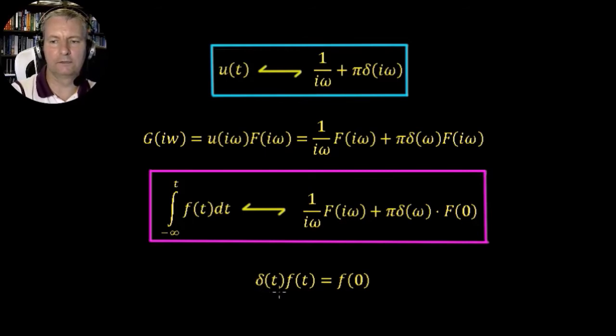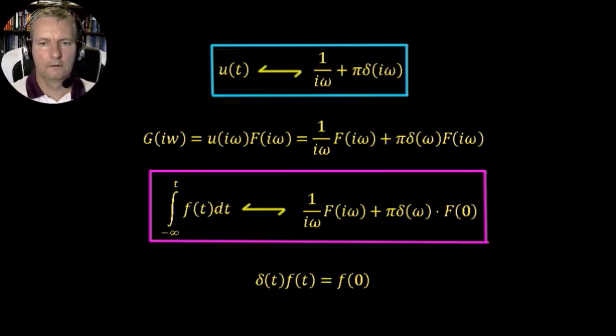We've seen delta t f of t would just be a value f of 0. So the Fourier transform pair we're looking for is the integral from minus infinity to t of f of t dt is equal to 1 upon i omega F of i omega plus pi delta omega F of 0.